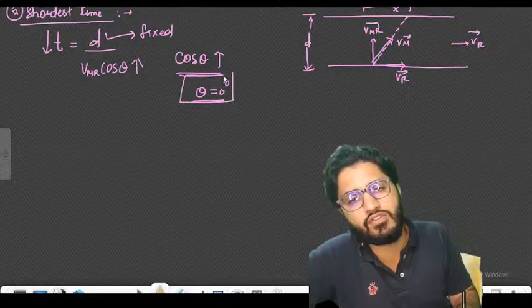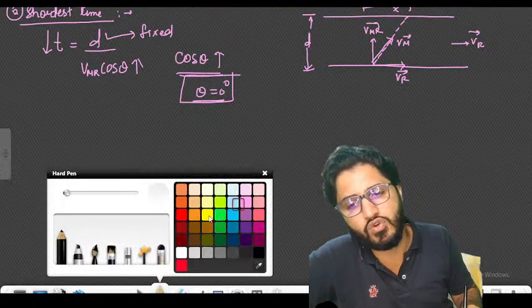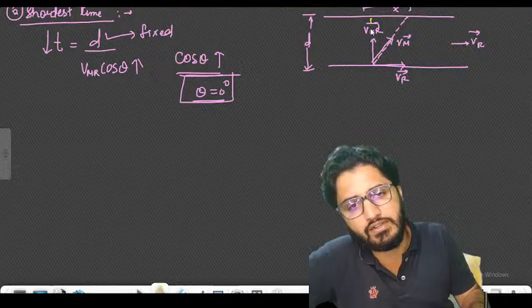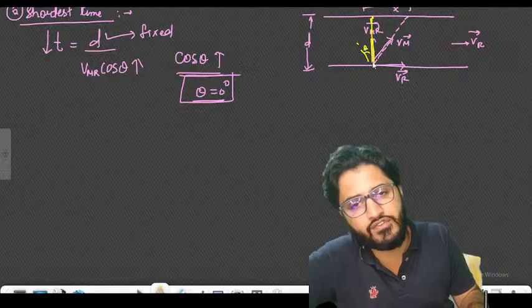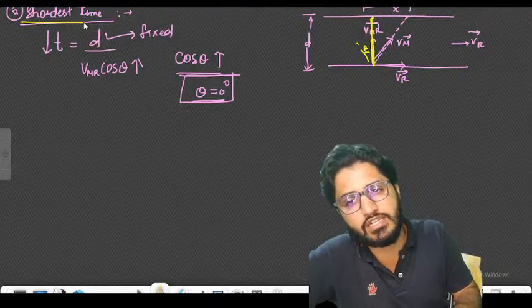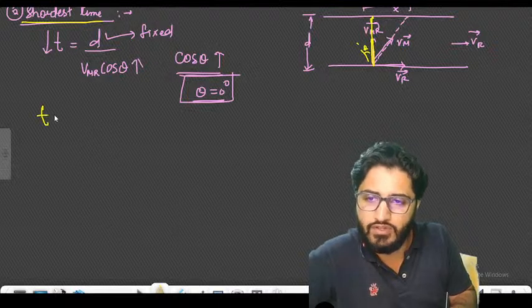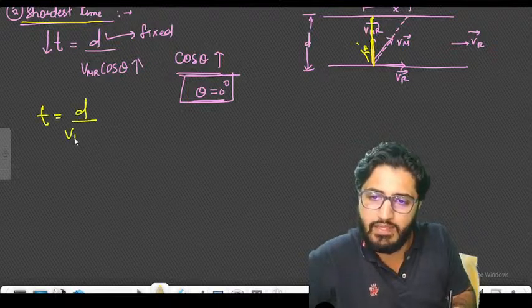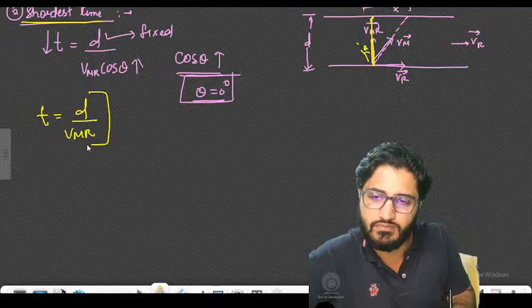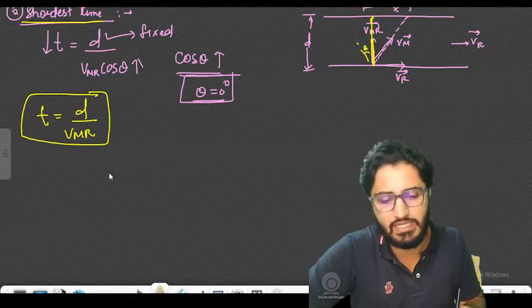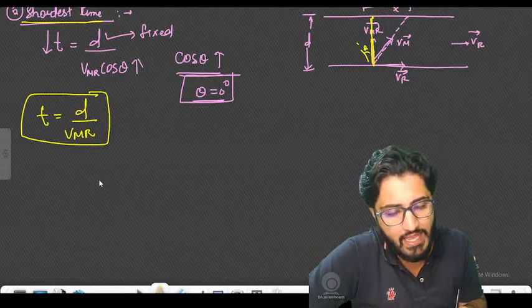That means the person is going along the line perpendicular to the bank, because this was theta, no? If theta is 0, you will get the shortest time. So my time came out to be d divided by VMR only.